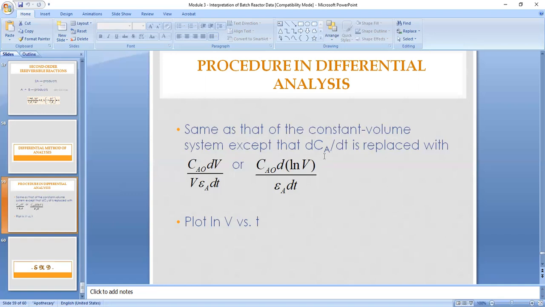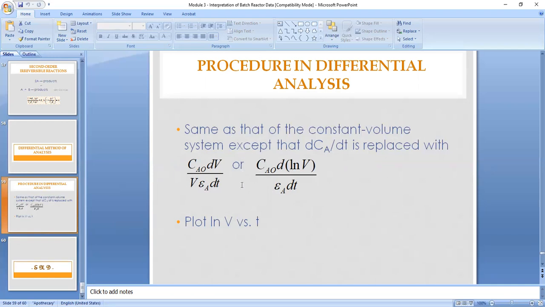So this time you change the slope to this one. The dCA/dt is replaced with CAO/epsilon A times dV over V dt, which is equivalent to this, actually. The dV over V is the d of the ln of V, and this CAO over epsilon A was just copied. So the slope will not be just dCA/dt, but this one.